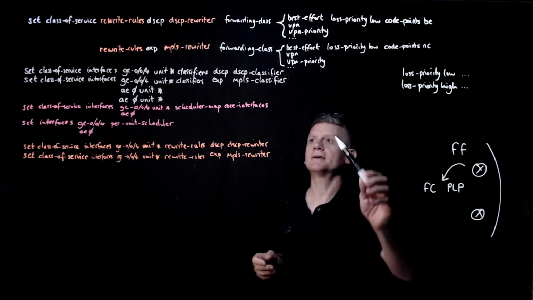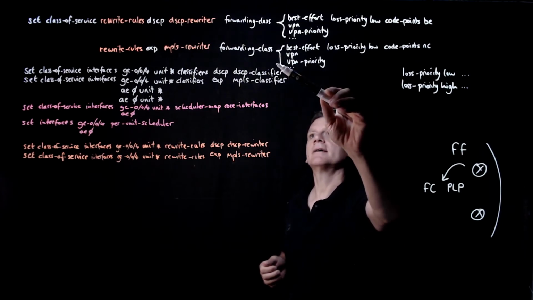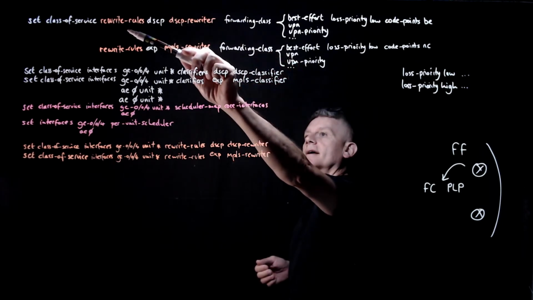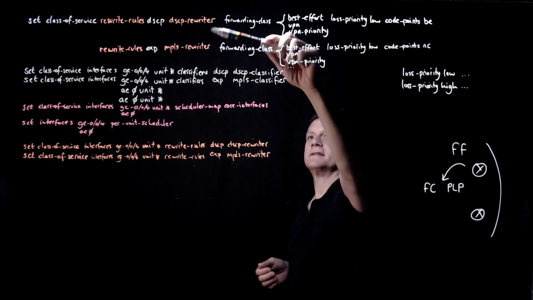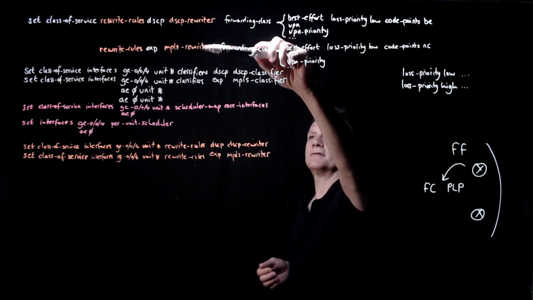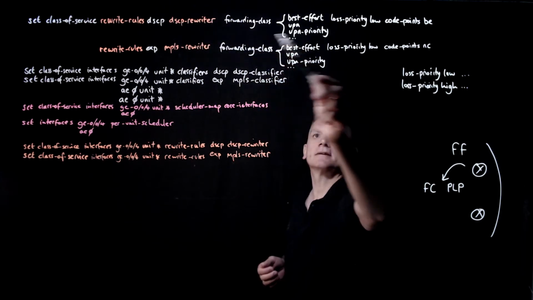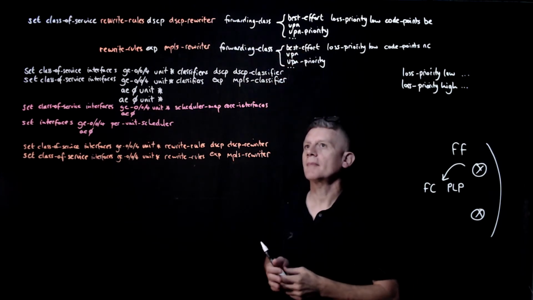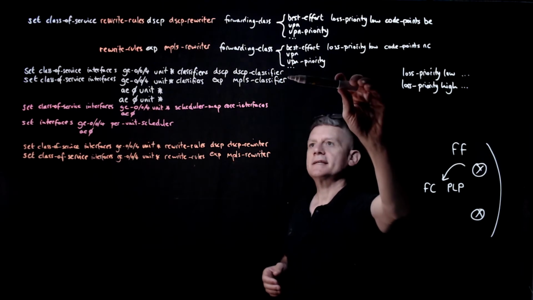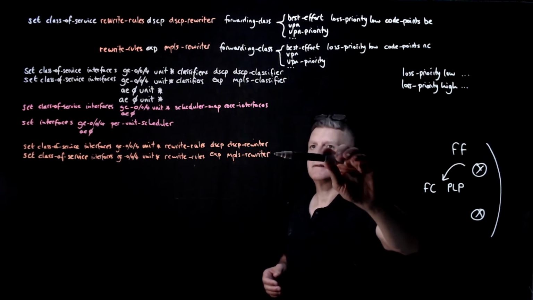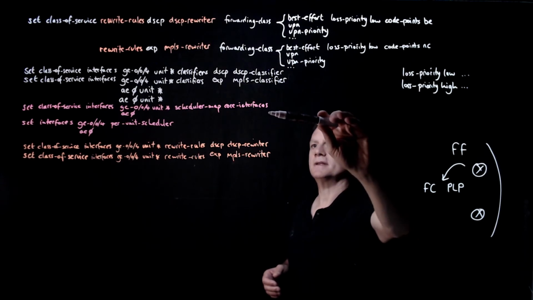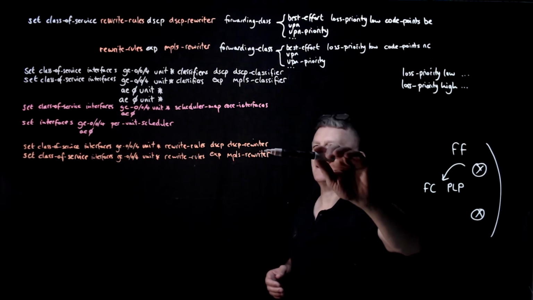It's almost identical to the classifier. I've literally taken the phrase classifier out here and the name of the classifier, DSCP classifier, and corrected it to DSCP rewriter, and it really is the same. And this is how we enabled the classifier onto the interfaces. I've done it down here so that you can see both the scheduler on the interfaces, the classifier, and the rewriter.